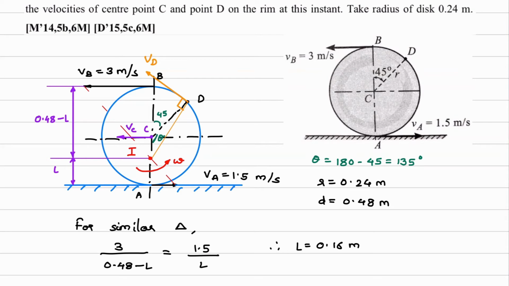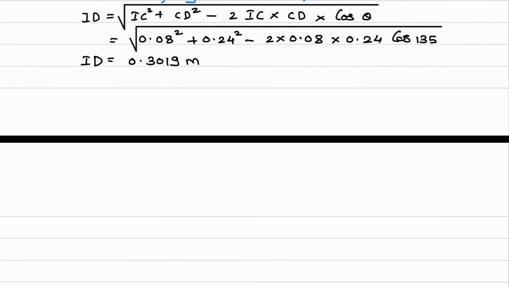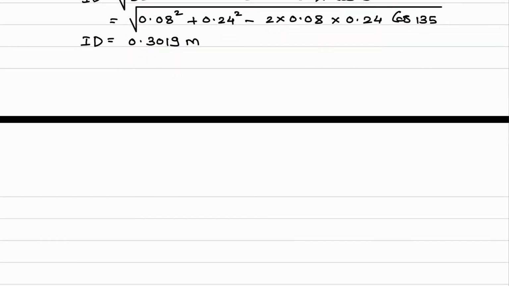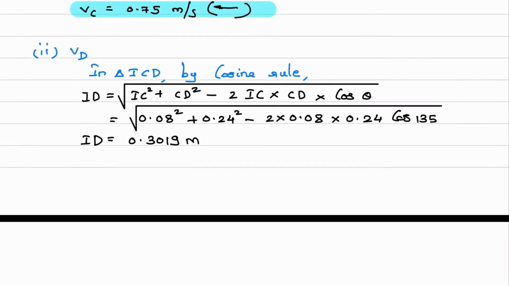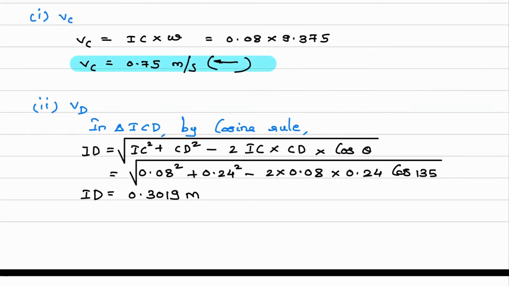So I can calculate VD now since I have the ID distance. VD is equal to ID into omega. ID is 0.3019, into omega we have calculated, 9.375.